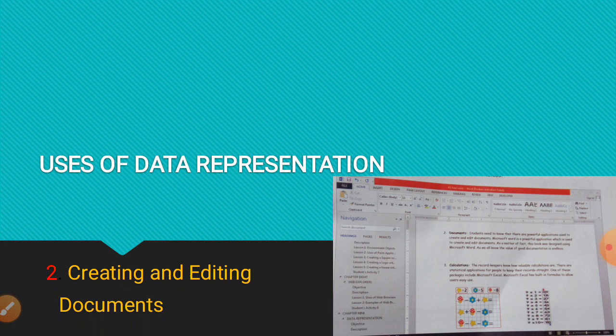An example of such an application is Microsoft Word. The picture you can see already is Microsoft Word being used to edit and create your ICT textbook.